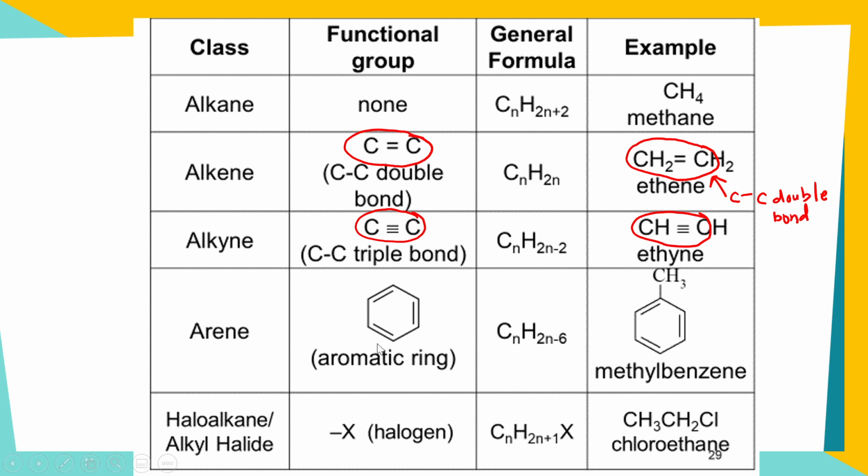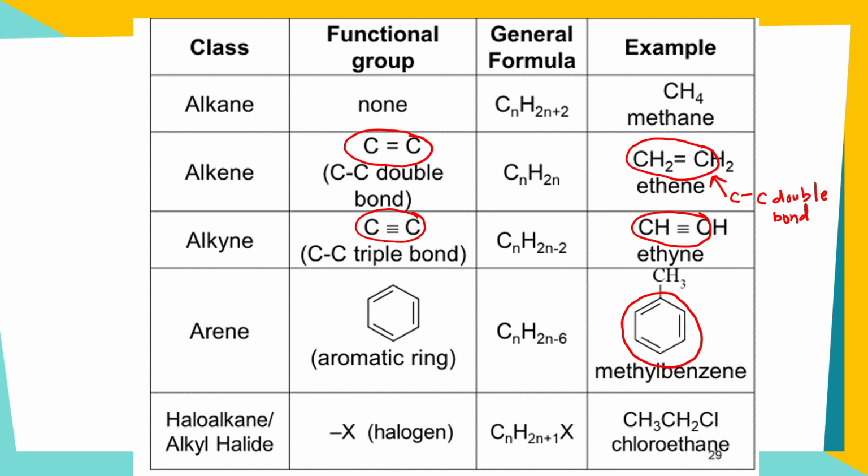If you look at the next example, this is one hexagon that has continuous double bonds. So we call it an aromatic ring. That is the functional group, and the class of compound is arene. So you have to differentiate between the functional group and the class of the compound.